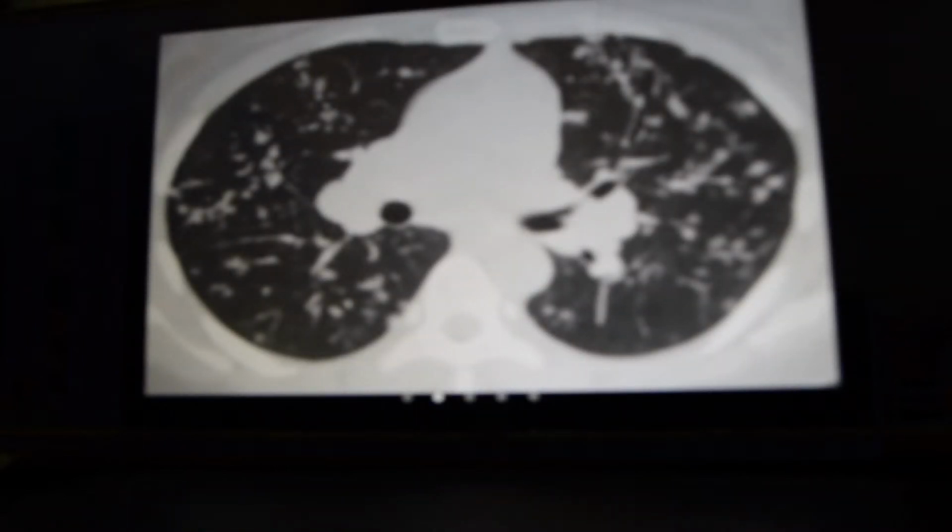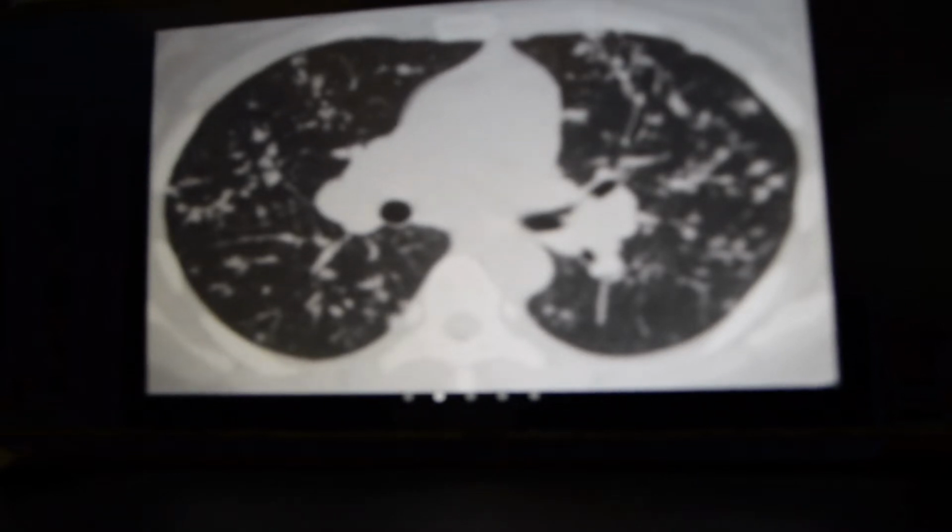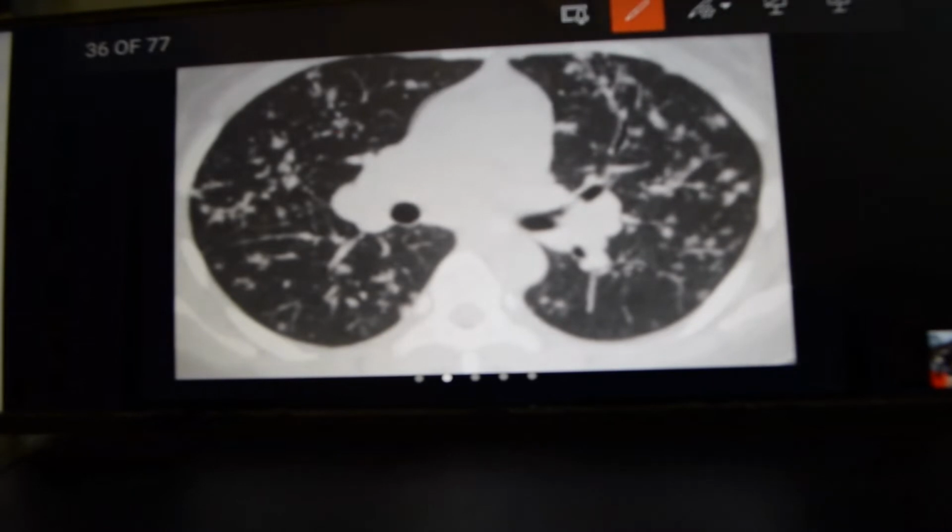It includes the airspace lesion with fuzzy borders. You can see here that the nodules include the airspace with fuzzy borders, and interstitial nodules with sharp, unsharp, or satellite margins. These are the unsharp margins. The sharp interstitial nodules are usually seen with Langerhans cell histiocytosis, silicosis, metastatic disease, miliary tuberculosis, and disseminated fungal diseases.